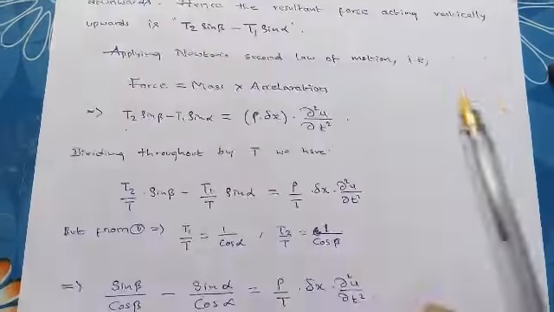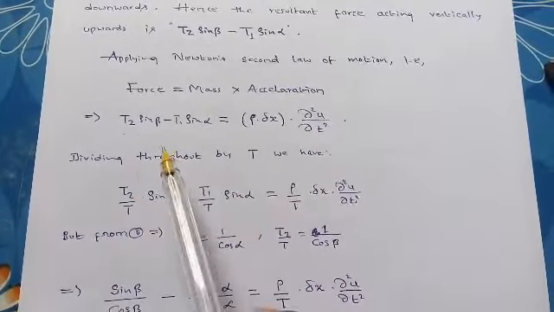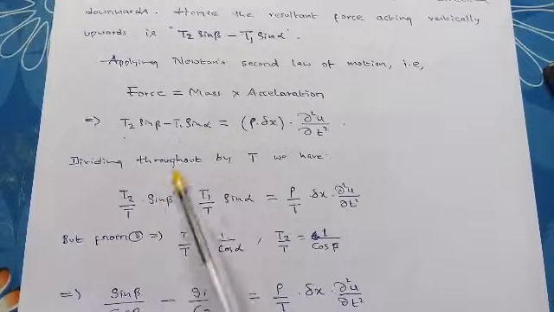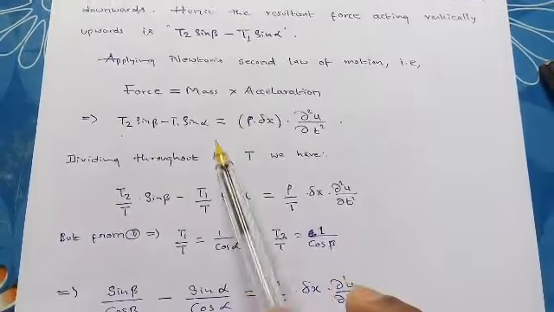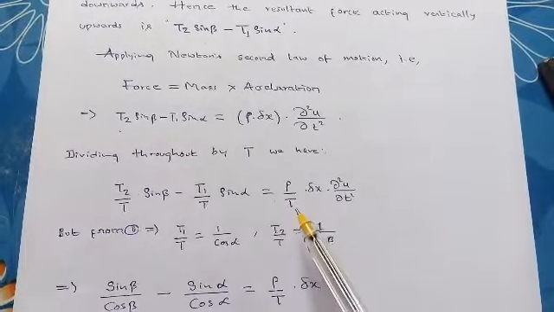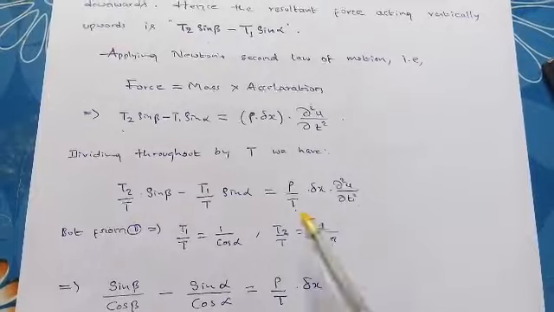Next, dividing the equation throughout by T: T2 by T sin beta minus T1 by T sin alpha equals rho by T into delta x into dou square u by dou t square.